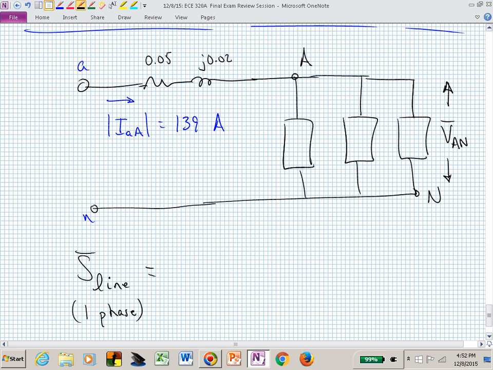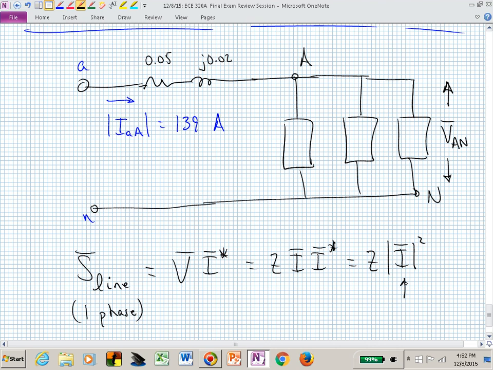Or if you've forgotten, you could say, well, I know that this is V I star in phasors, but V is just Z I, times I star, but I times its conjugate is the magnitude squared, so this is now Z times the magnitude of I squared, and that's what we actually have.